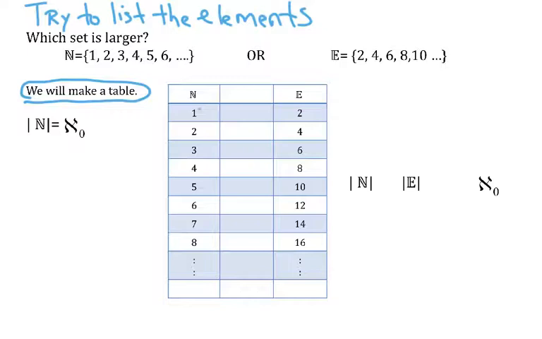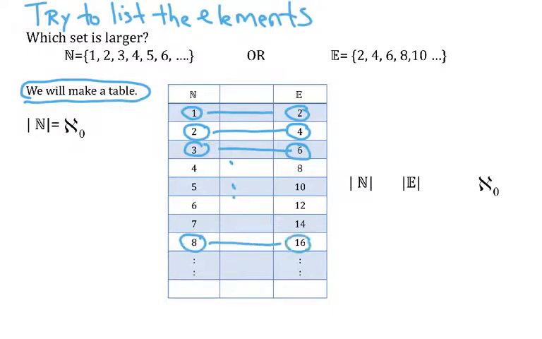And so the number 1 corresponds to the number 2. 2 goes to 4. 3 goes to 6, and so on. 8 goes to 16. And in general, if a natural number is n, it's going to be paired with the even number, which is just 2 times n.